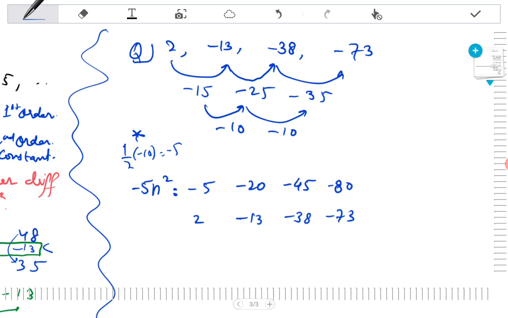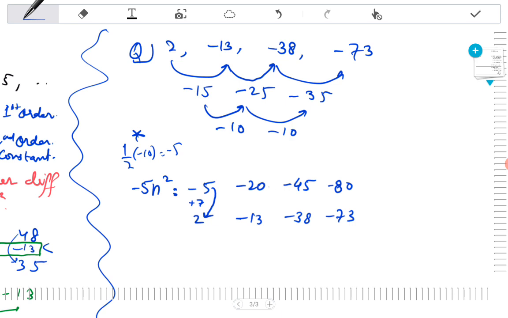So I have to check what I am supposed to do with my answer of minus 5, generated by minus 5n square, the first part of my formula, in order to make it equal to the first term of the original question. It is plus 7. If I add 7 to my answer, it makes it equal to the answer given in the first term.